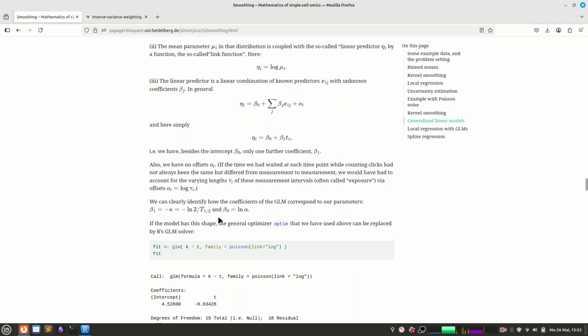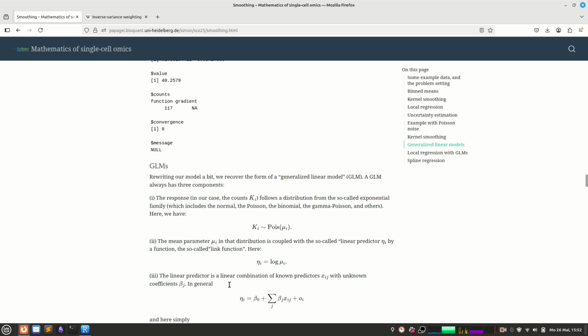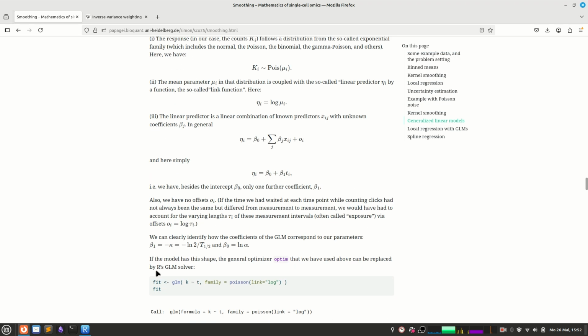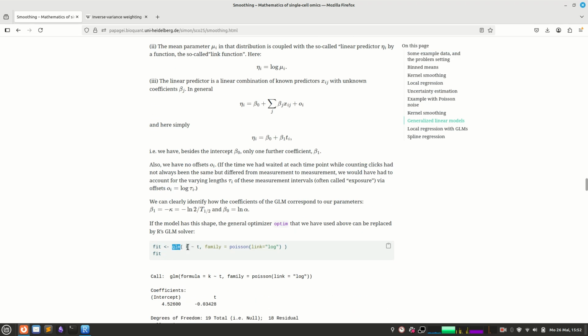And in R, we can do this. We have this GLM function, which we can now use instead of a general optim function. Whenever we can bring a maximum likelihood problem into this GLM form, we can use this GLM function where we say we want to regress K on T. This formula is understood by R as meaning the response is K and the predictor is an intercept plus a coefficient to be multiplied with T. If you add T plus Q plus S, then it fits a coefficient for each of them.